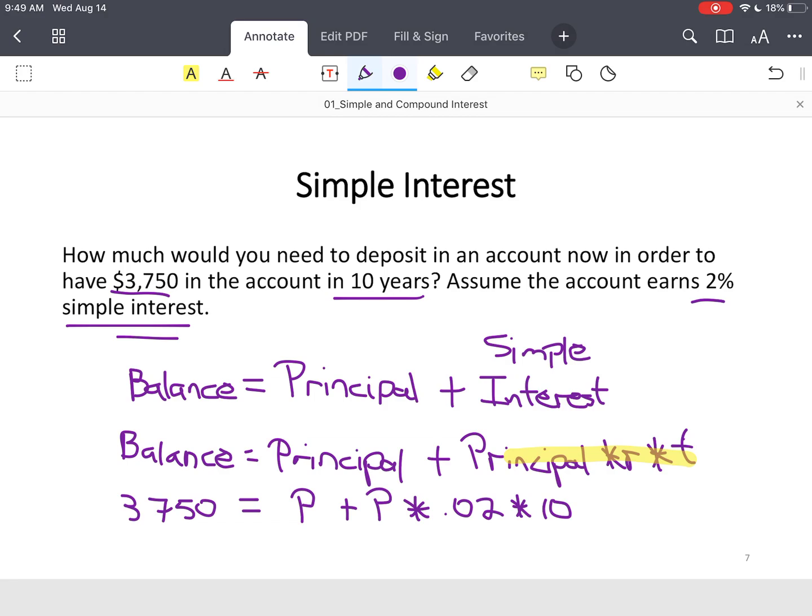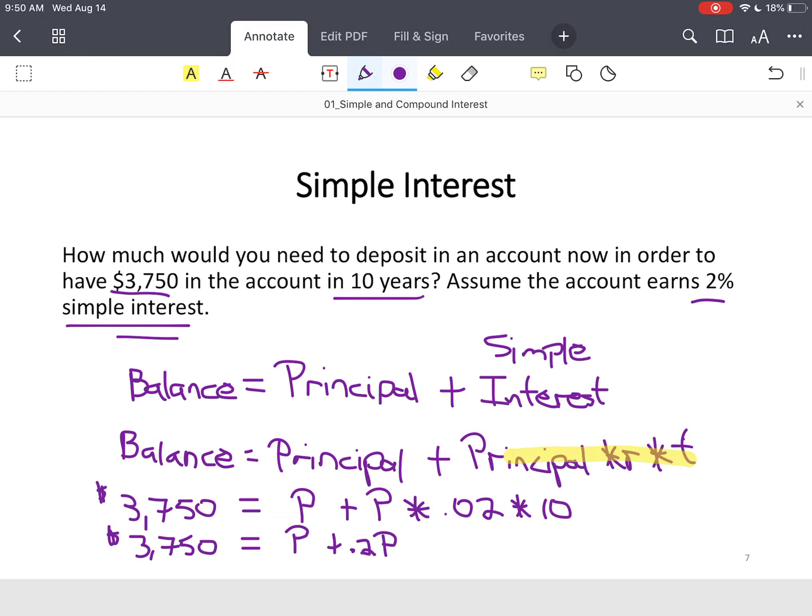Then we're going to do a little bit of principal plus 0.02 times 10. It's just 0.2. So we're going to say 0.2P equals $3,750.